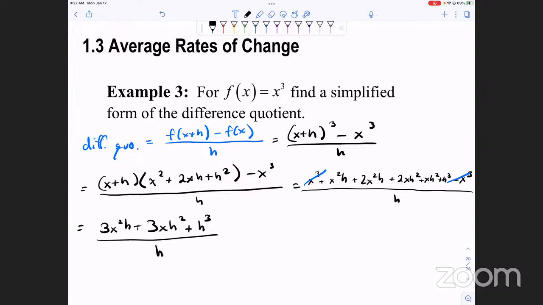That's how you know you're on the right track. More often than not, as long as you have an h in each term. So now what we're going to do is factor out an h from each term in the top. So we can factor out an h. And we're going to be left with 3x squared plus 3xh plus h squared over h.